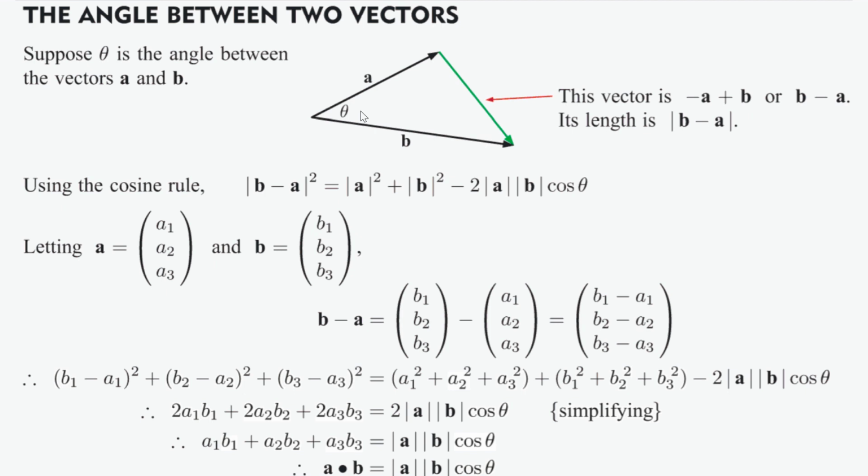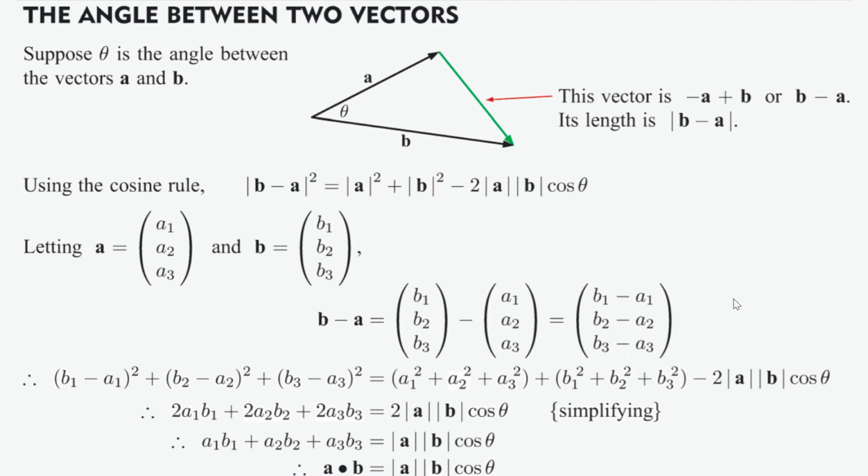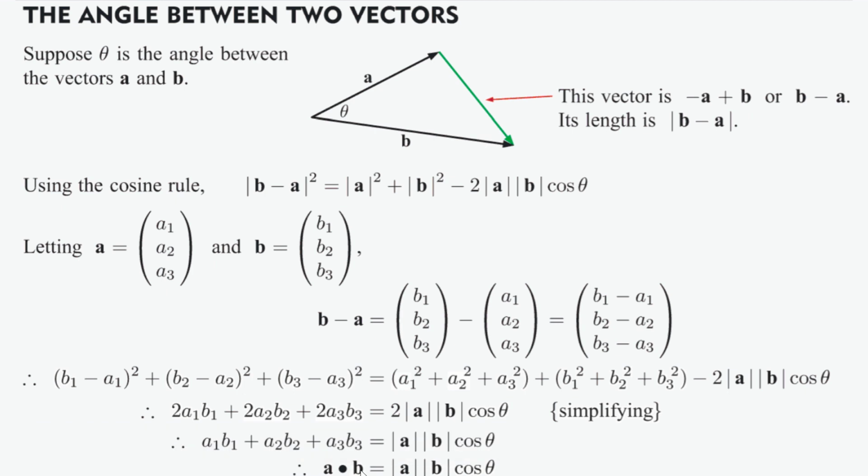Now, from that, if we think about vectors A and B, and let's just call them here, vector A has a component form of A1, A2, A3, and vector B is B1, B2, B3, then the vector B minus the vector A is B1 minus A1, B2 minus A2, etc. And then from there, we can do a substitution, which allows us to say that A dot B, in other words, the dot product of vectors A and B, is equal to the magnitude of vector A times the magnitude of vector B times the cosine of the angle between.